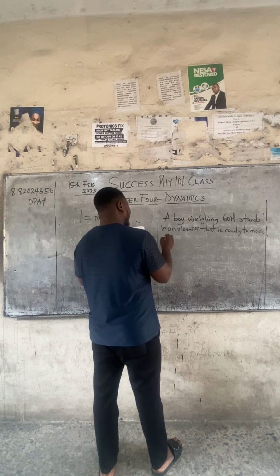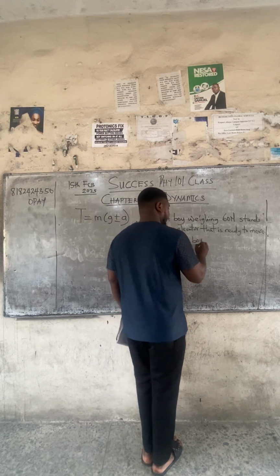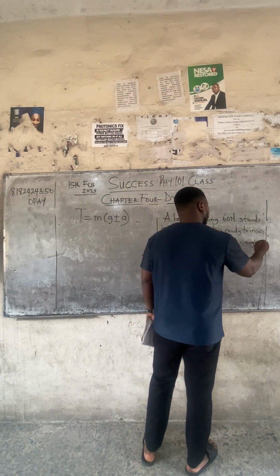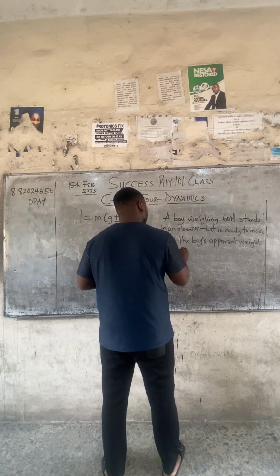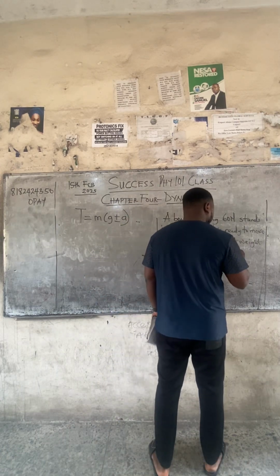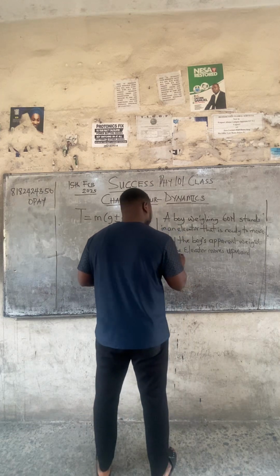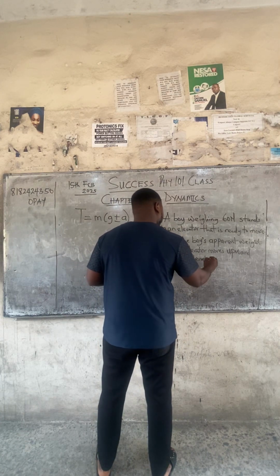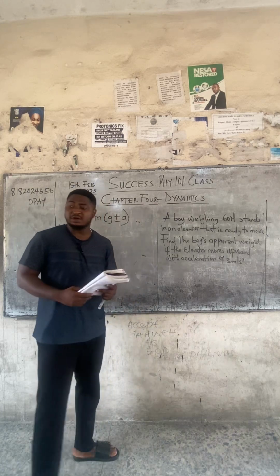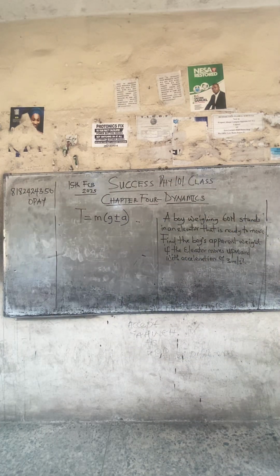Find the boy's apparent weight if the elevator moves upward with acceleration of 3 meters per second square.